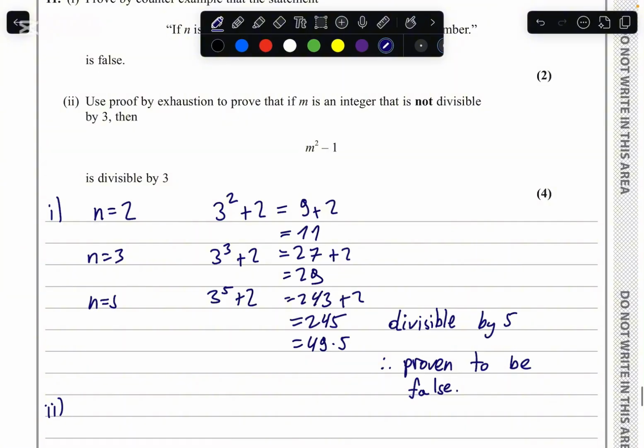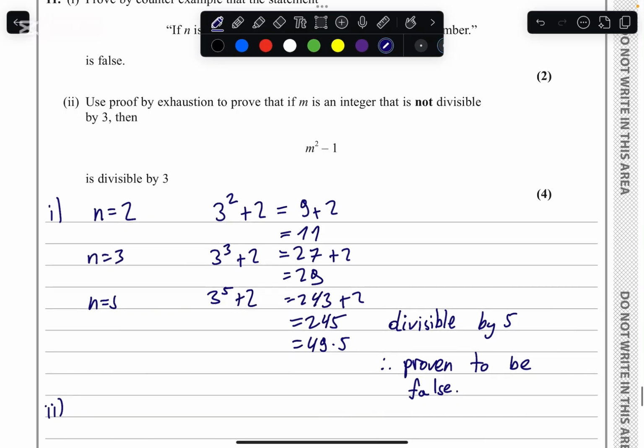First, we need to think how to define m so that it is not divisible by 3. When you times any integer by 3, it's automatically divisible by 3. But if you times that integer by 3 and then add 1, it is not divisible by 3 anymore.